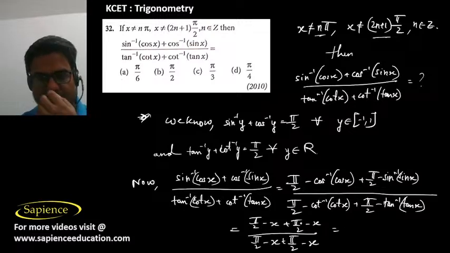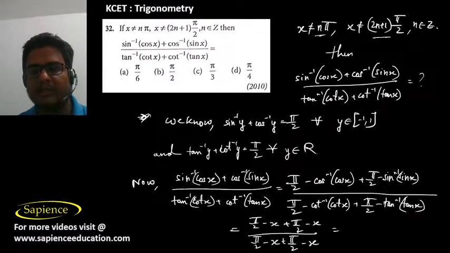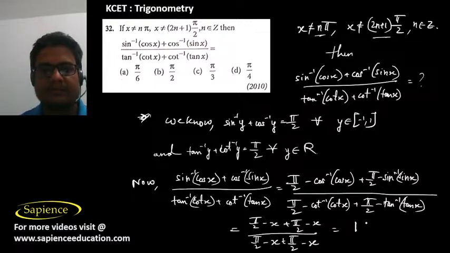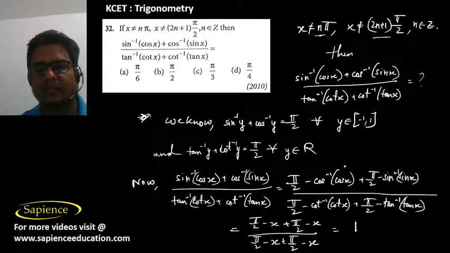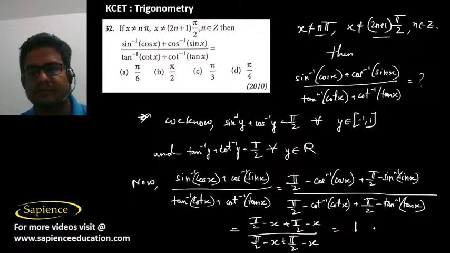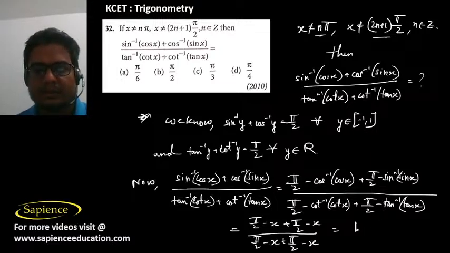So the numerator and the denominator are the same, therefore that will be equal to 1. So it means that here none of the options are correct. So 1 is the answer here.